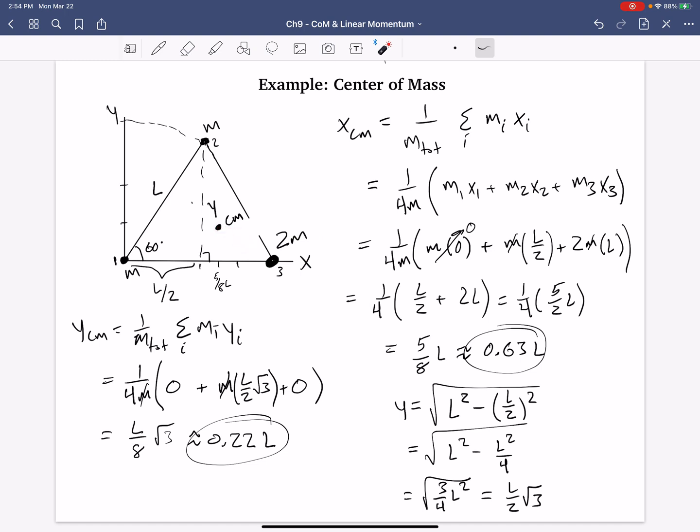If they were all equal, hopefully your intuition should tell you that the center of mass would be exactly in the center. But the center of mass is pulled towards the more massive object, and neither this mass nor this mass pulls the center of mass this way or that way.